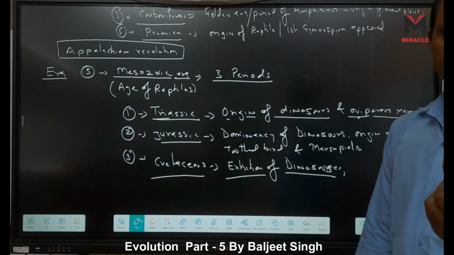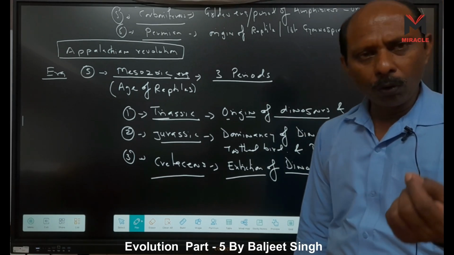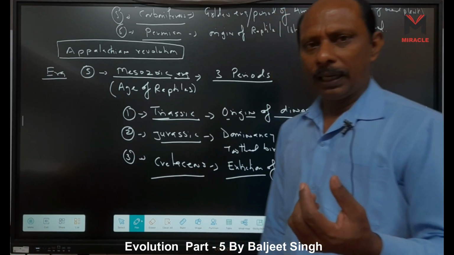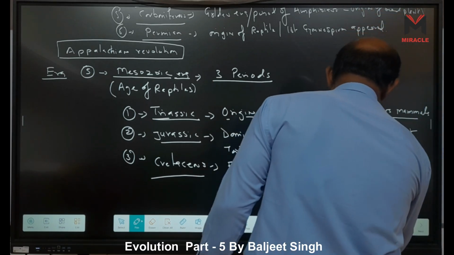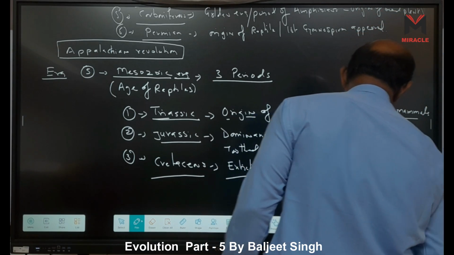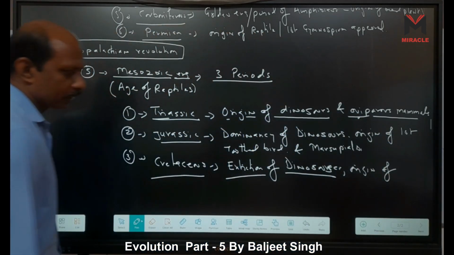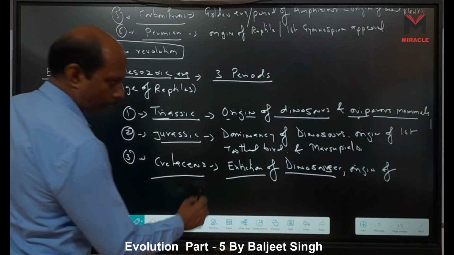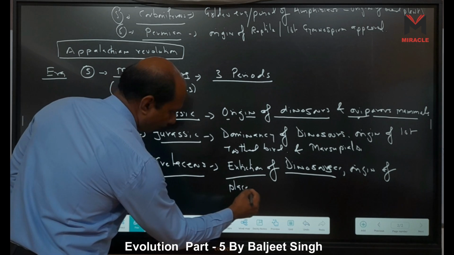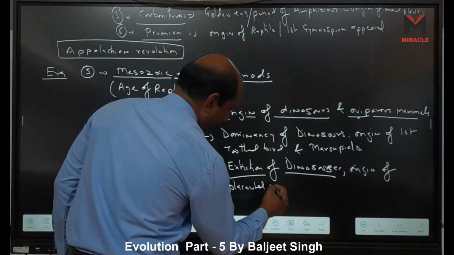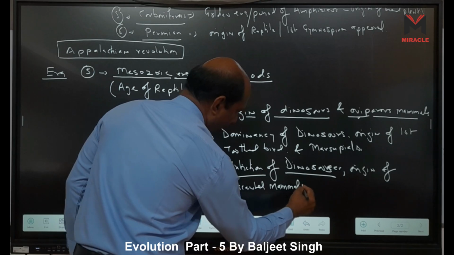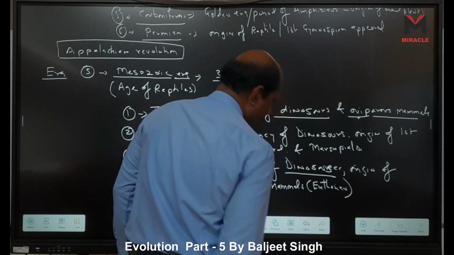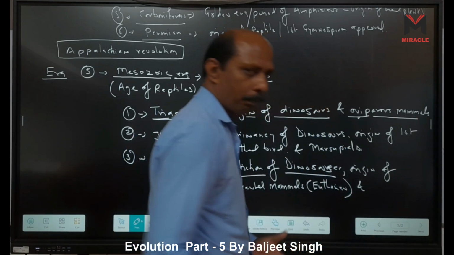Small mammals, that is placental mammals, like moles, or rodents, they originate. We can say origin of eutherians, small viviparous or placental mammals. These are also called eutherians, right? And that is modern birds.